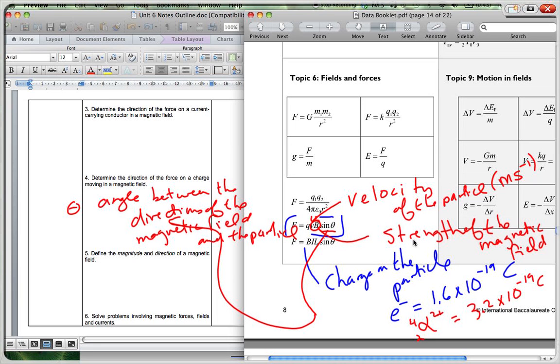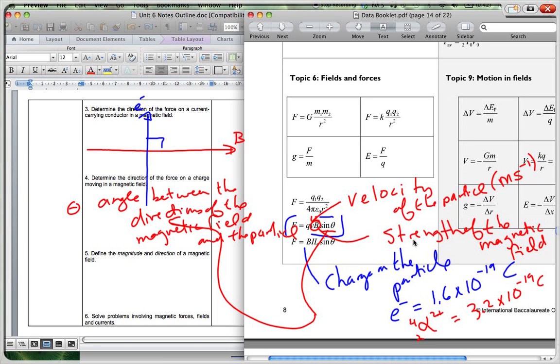Okay, so if you've got your magnetic field B going in this direction, and you have your particle going in this direction, maybe your electron going in that direction, you've got 90 degrees. And the sine of 90 is 1, so that works out to be 1.